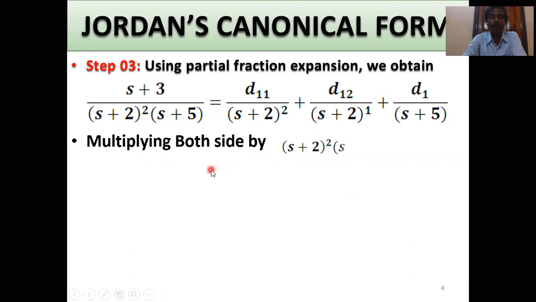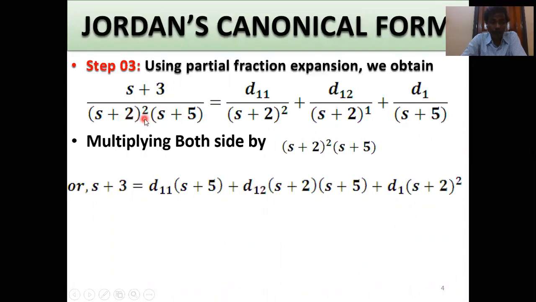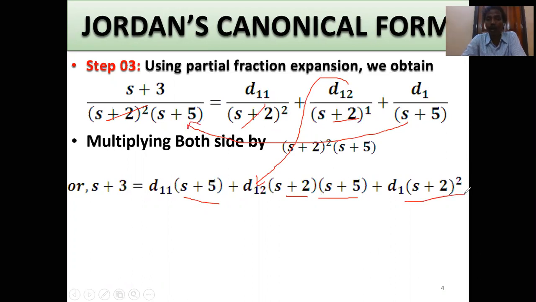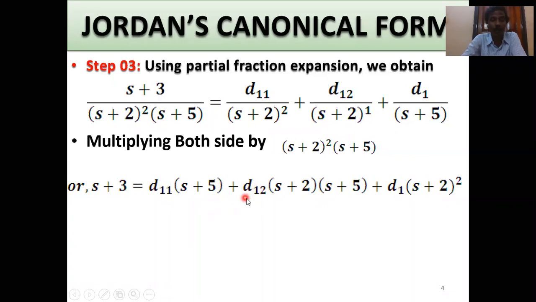Multiplying both sides by (s + 2) whole square into (s + 5), the left hand side cancels out the denominator terms, leaving only s + 3. On the right, the d11 term keeps only (s + 5). For d12, one (s + 2) cancels and the other (s + 2) remains with (s + 5). For d1, the (s + 5) cancels, leaving only (s + 2) whole square. So s + 3 equals d11 (s + 5) plus d12 (s + 2)(s + 5) plus d1 (s + 2) whole square.